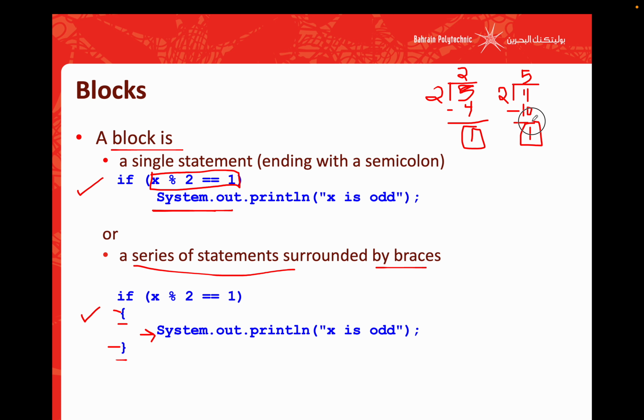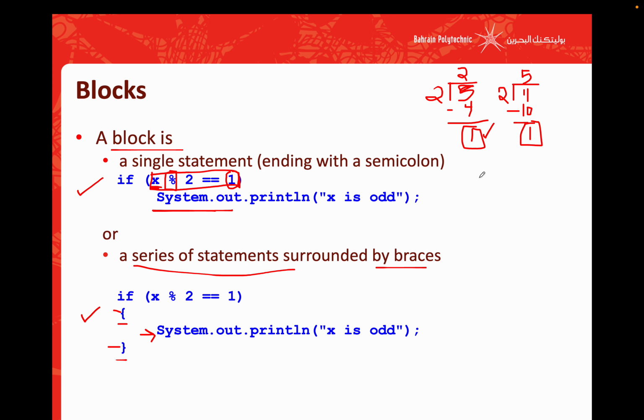So in order to check if a number is odd, you can use the remainder operator. What this operator does is give you the result after division. Whatever number you have, you use the remainder operator with 2, and if the result is 1, that means the number x is odd.